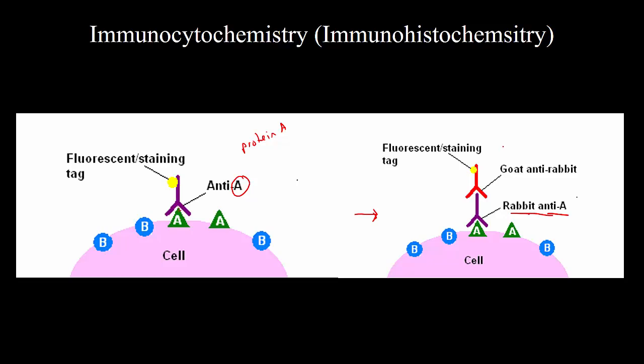Here only one is shown, but again, in reality, 10, 20, many goat anti-rabbits join and bind to the rabbit antibody. So even though only one's shown, it'd be many. So instead of just one being fluorescent, now many hundreds would be fluorescent. And so we'd see a brighter signal.